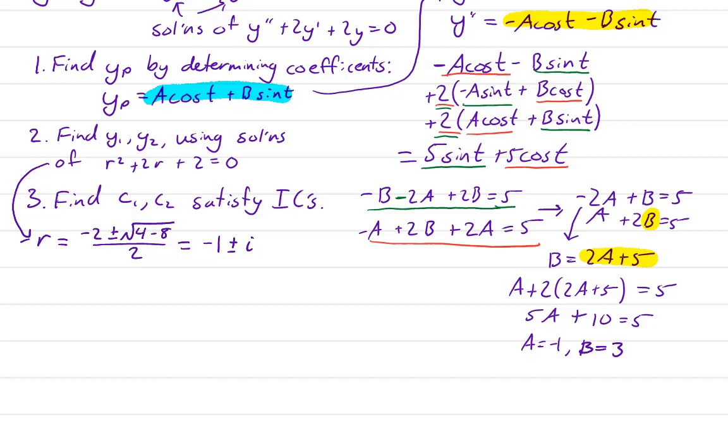At this point, you could take e to the negative 1 plus i, all times t, as one solution, and y2 as another solution, e to the negative 1 minus i, all times t. That works, except the exponentiation is weird.